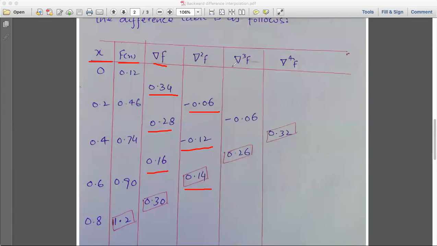And similarly we can find inverted delta cube f and inverted delta raised to power 4f. Please complete this table first of all, and this is a backward difference table. Okay, hope so आप सबने ये टेबल कंप्लीट कर लिया होगा.